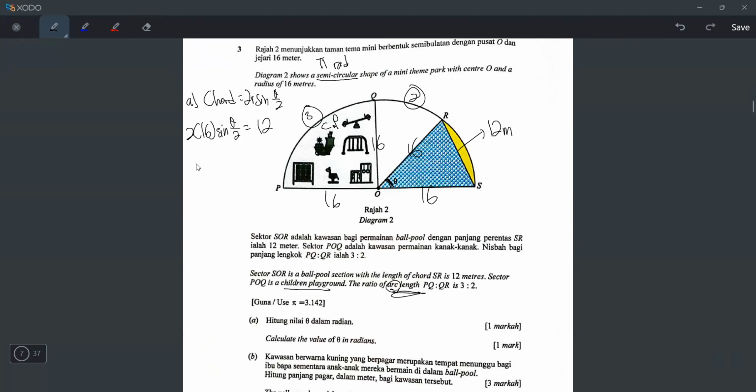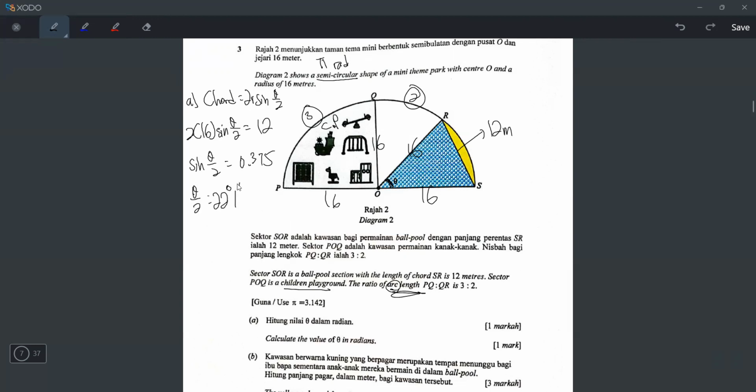So when you solve this, you will get degrees. So 12 divided by 2 divided by 16 is 3 over 8, 0.375. And then I shift sine this, 22 degrees 1 minute. So theta over 2 equals 22 degrees 1 minute.